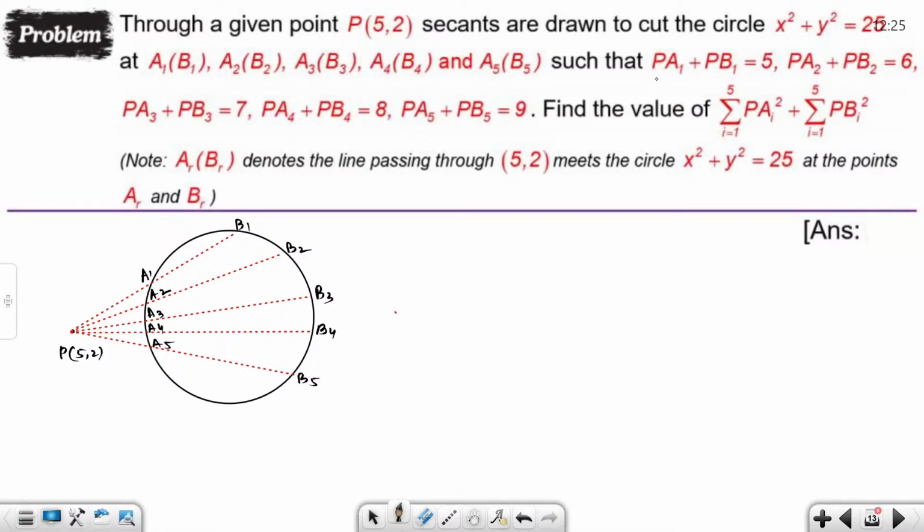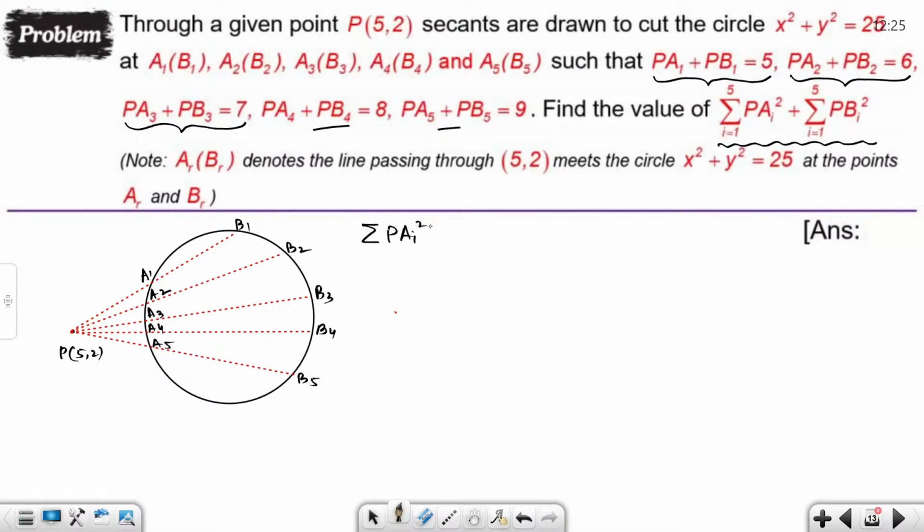And they have given the information PA1 plus PB1 is 5, PA2 plus PB2 is 6, and so on. PA3 plus PB3 is 7, then 8, then 9. And we have to find out the value of this sigma, the expression that is given. What is the expression given?